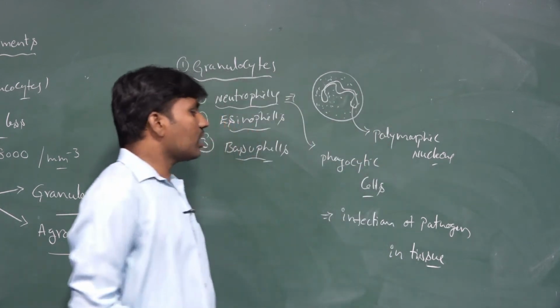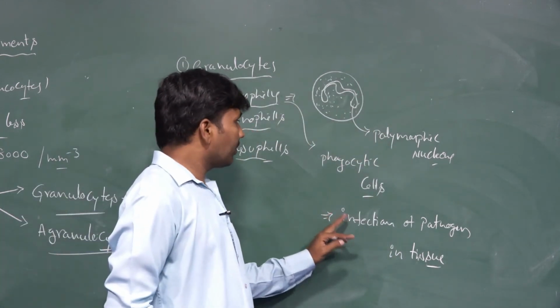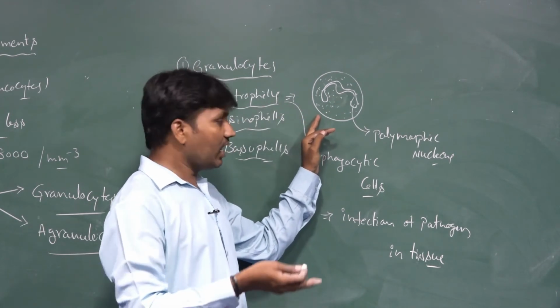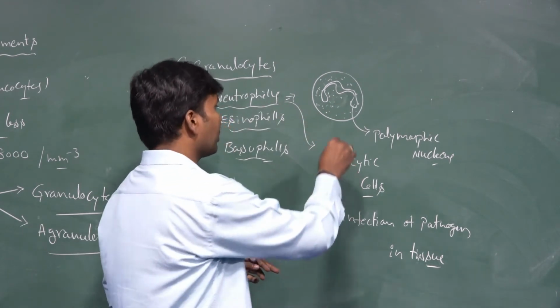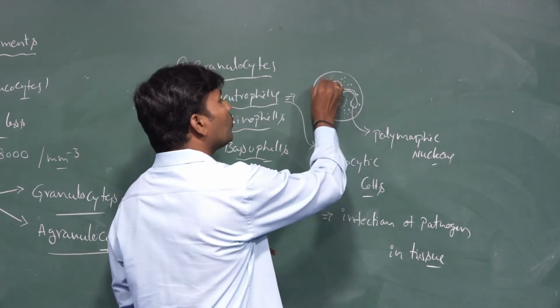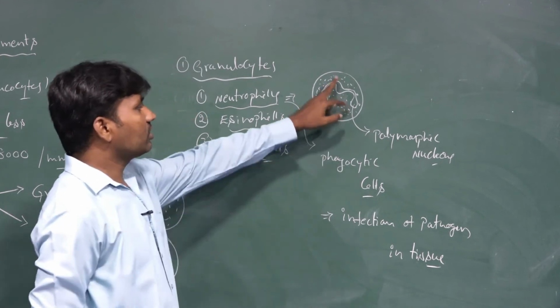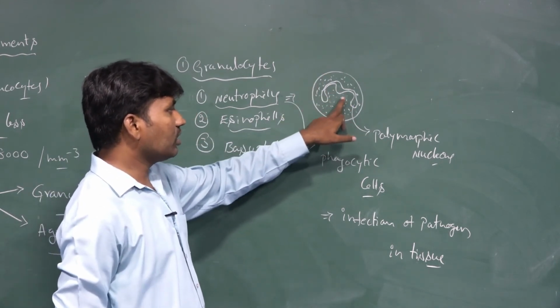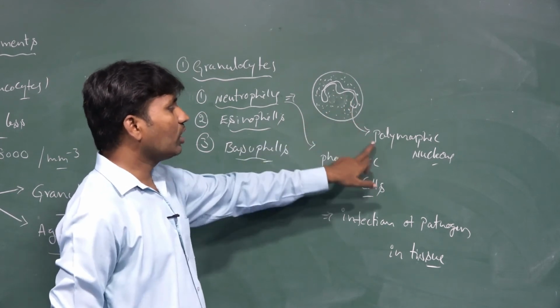When the tissues are infected with a pathogen, their number increases in the tissues. This is a specific function of the neutrophils. Many granules are present in the cytoplasm, and the nucleus becomes a multi-lobed polymorphic nucleus.